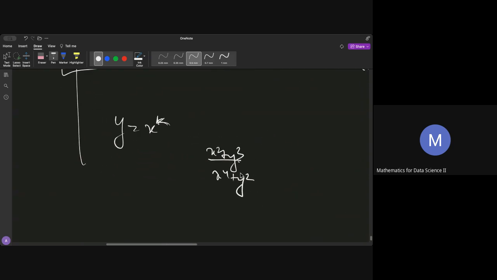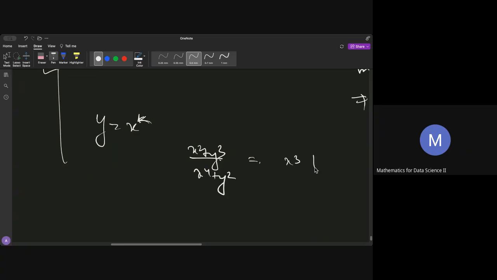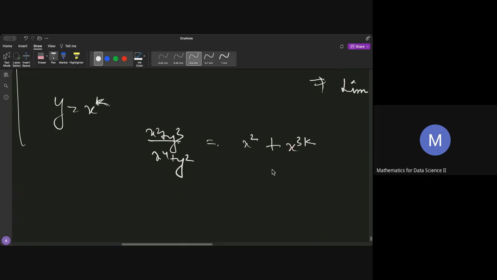Now if I take y is equal to x cube, what will I get? I'll get x cube plus x to the power 3, x square, right? So I'll have x square here, x to the power 3 k.